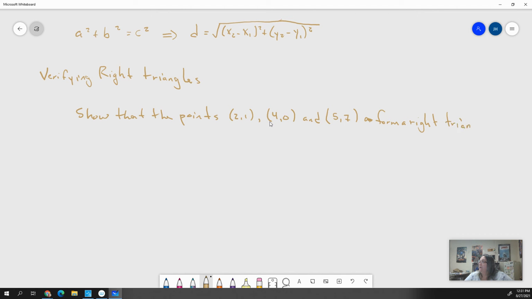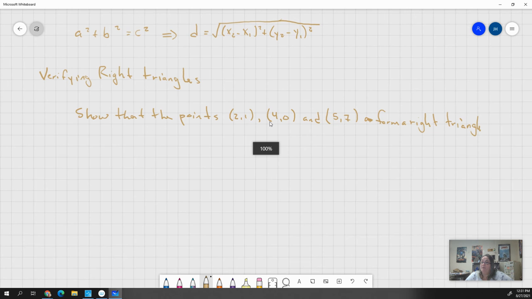Well, the way we do that is we know that if the length of a squared plus the length of b squared equals the length of c squared, we have a right triangle, right?